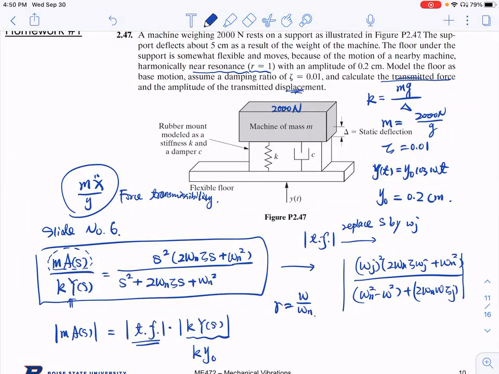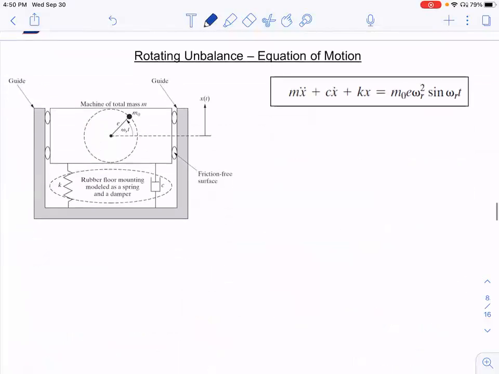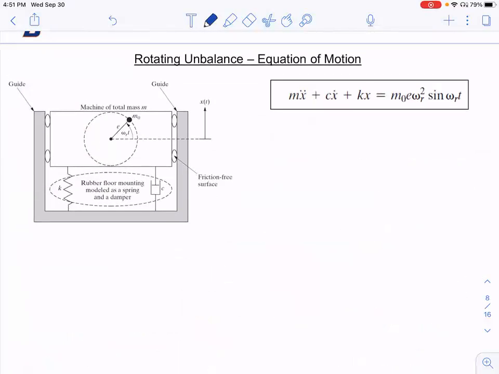I'm going to post the complete solution online, so if you cannot finish the calculation, it's still fine. Okay, so that concludes all the base excitation material. Any questions?